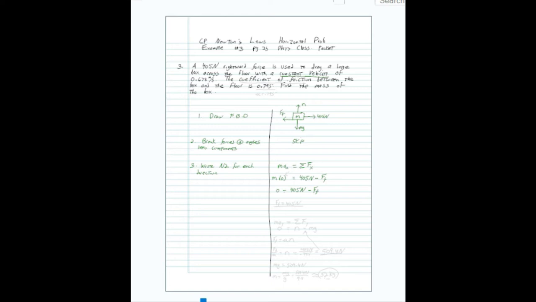Okay, so if you look at that, I can use that to find the frictional force. It didn't actually ask for it, but I'm going to need that anyway, as you'll see. So I'm going to find the frictional force. Okay, frictional force equals 405 newtons. So that's helpful.